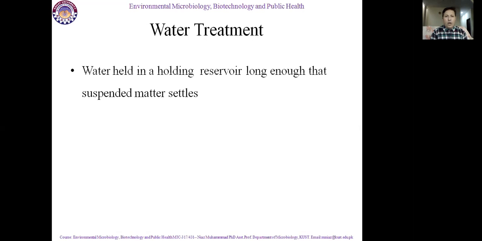Water is held in a holding reservoir long enough that suspended matter settles. First, we collect water and hold it in a big tank where suspended material settles down or is removed from the surface.